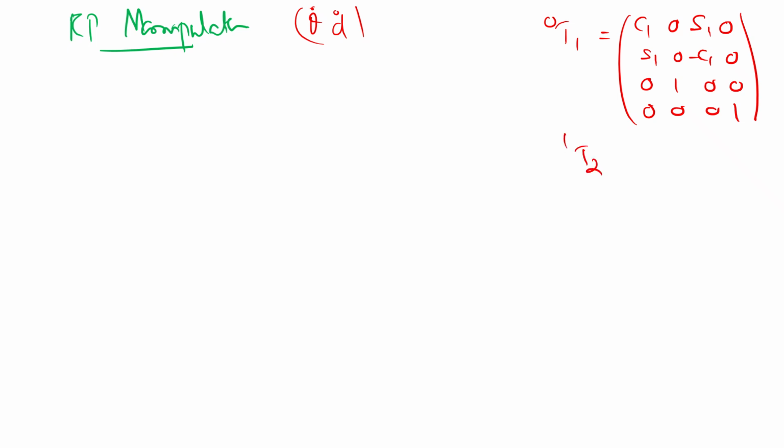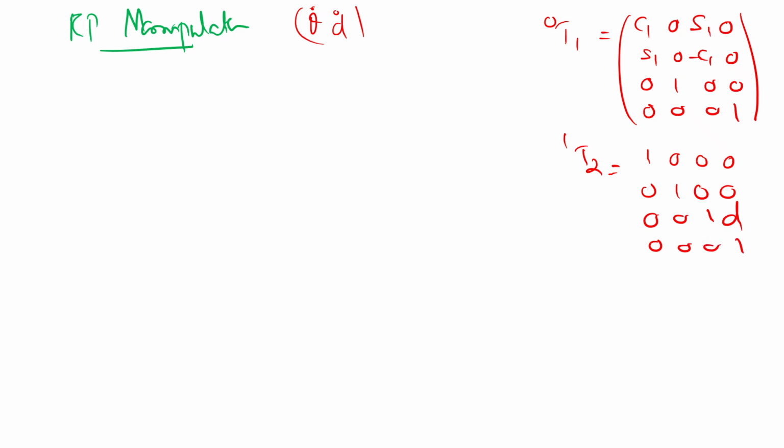Then I need T21. Because there is no rotation, it is translation only. So the rotation part is the identity, 1, 0, 0, 0, 1, 0, 0, 0, 1, and the translation is along the z-axis, d.